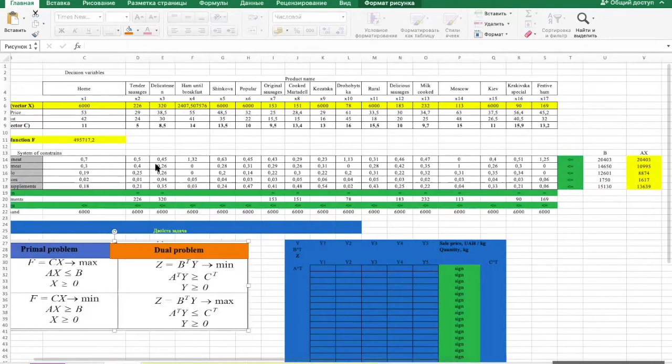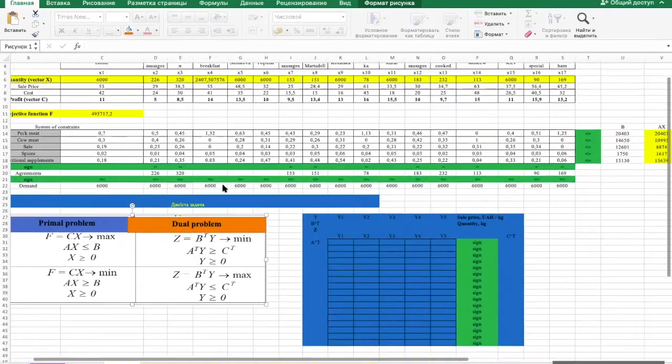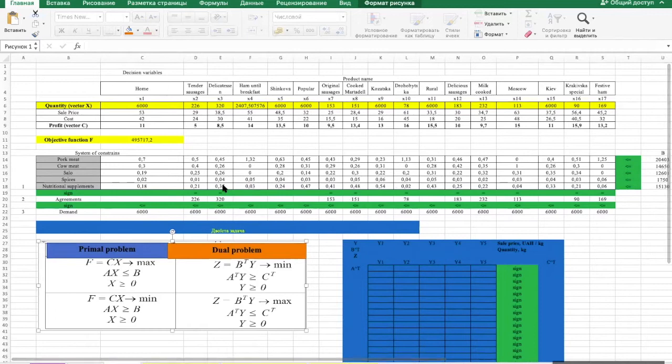When we talk about the primal and dual problem, there are two types of situation which we can have in different kinds of companies. When we talk about this primal problem, producing different kinds of products, it is the first situation, when we produce products.